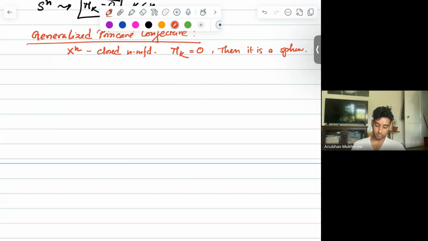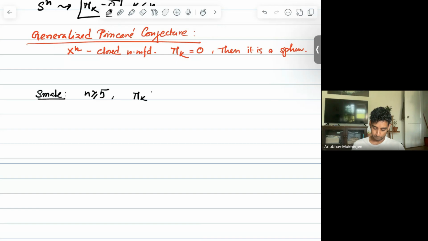These ridiculous questions that seemed almost impossible to say anything about started having answers. The first breakthrough came by Stephen Smale. He proved that if the dimension is greater than or equal to 5, and if X^n is as above, then X is homeomorphic to a sphere.